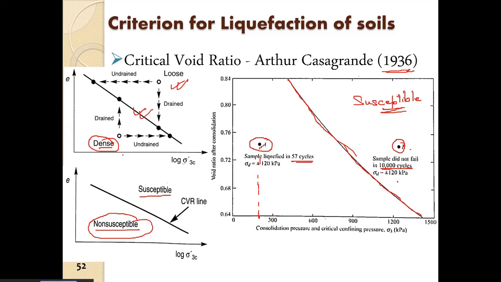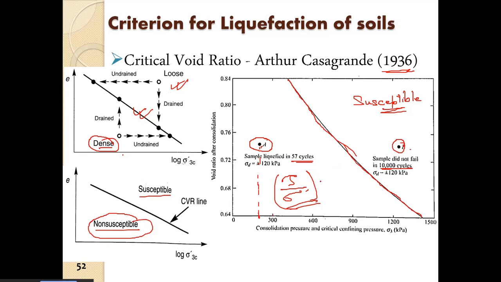So then it was seen that the stress ratio, the shear stress versus the effective confinement, matters. It has a very significant effect on the liquefaction of the soil.